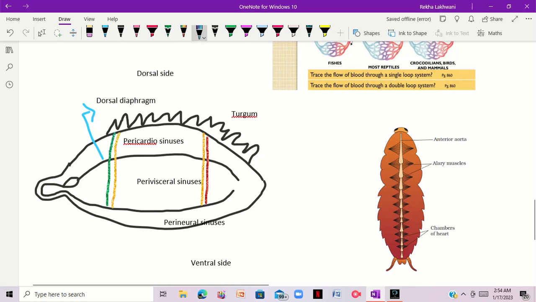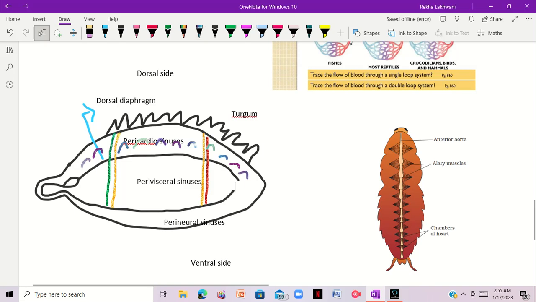Inside the pericardial sinus we have the heart, and there are 13 chambers of the heart in the cockroach. I'm unable to draw all of them, but I'll try.